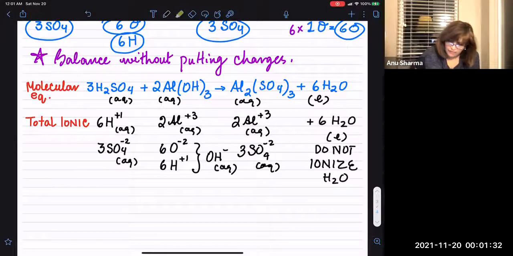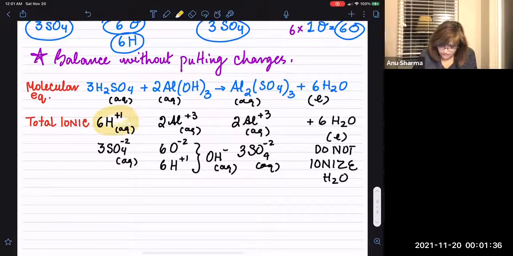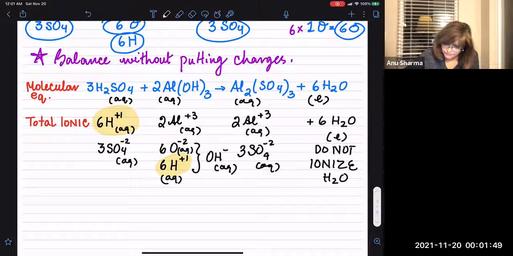Okay, so now look at hydrogen ions: 6 here, and 6 hydrogen ions here, and they are in the aqueous. This is aqueous, this is aqueous. So aqueous are giving you 6 + 6, 12.